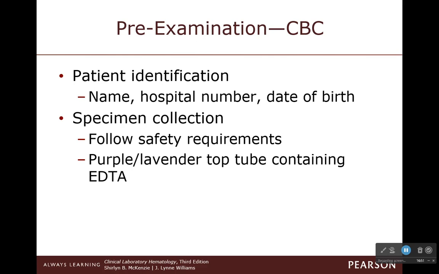They had taken ethylene diamine tetraacetic acid, and they've added potassium to it. And potassium basically just preserves the morphology of the cells. They don't lose their shape in the tube. That's one of the things that you'll see a lot now in the lab, K2 EDTA. But the big deal is EDTA.